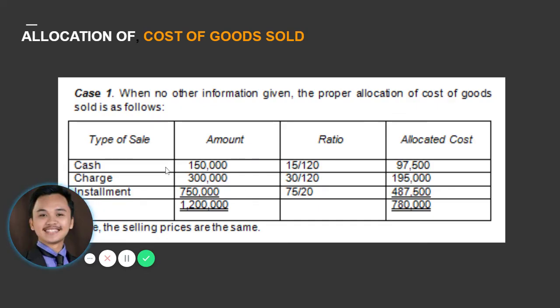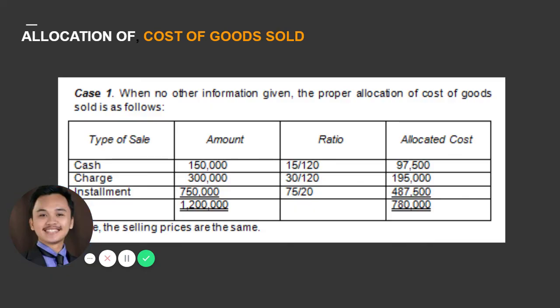So we have 150 for cash, 300 for charge, and 750 for installments. So we have 150 over 1,200 or 15 over 120. Multiply it with your total cost of goods sold of 780,000. Therefore, allocated cost for cash sales will be 97,500, 195,000 for charge, and 487,500 for installments.